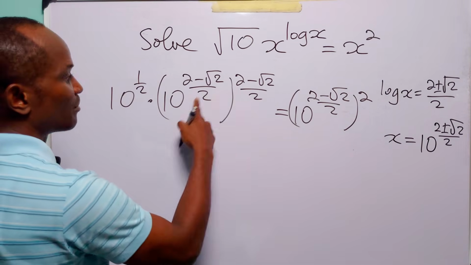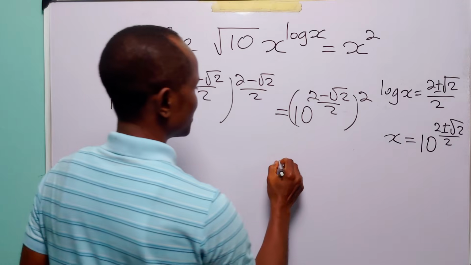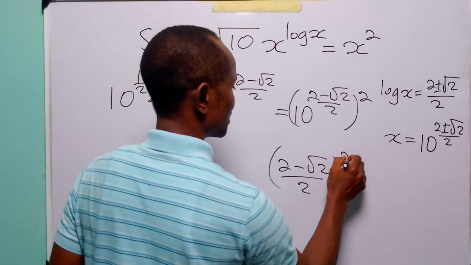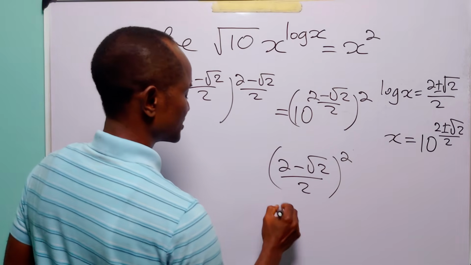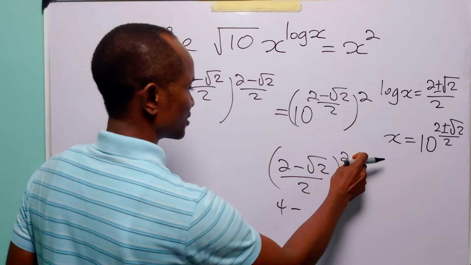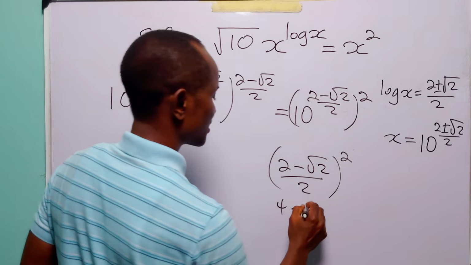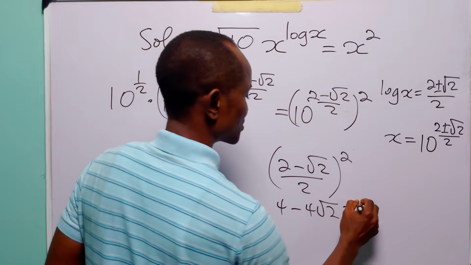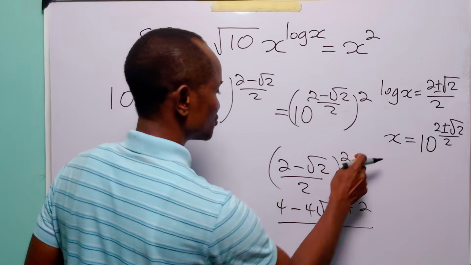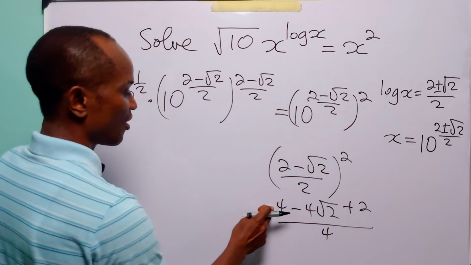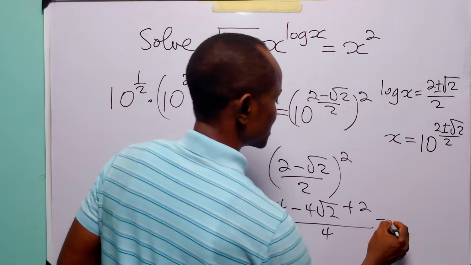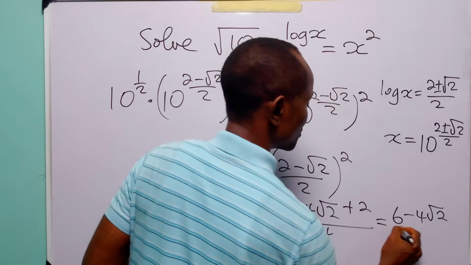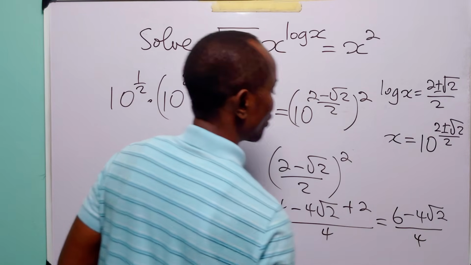Now, once more, we multiply these two, which is simply 2 minus root 2 over 2 squared. 2 squared is 4. Minus 2 times root 2 is 4 root 2. And minus root 2 squared is plus 2. Divided by 2 squared, which is 4. 4 plus 2 is 6. Minus 4 root 2 divided by 4.